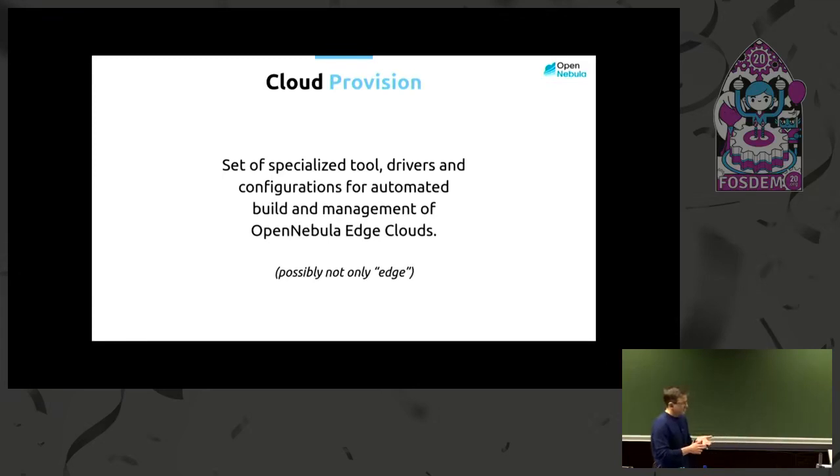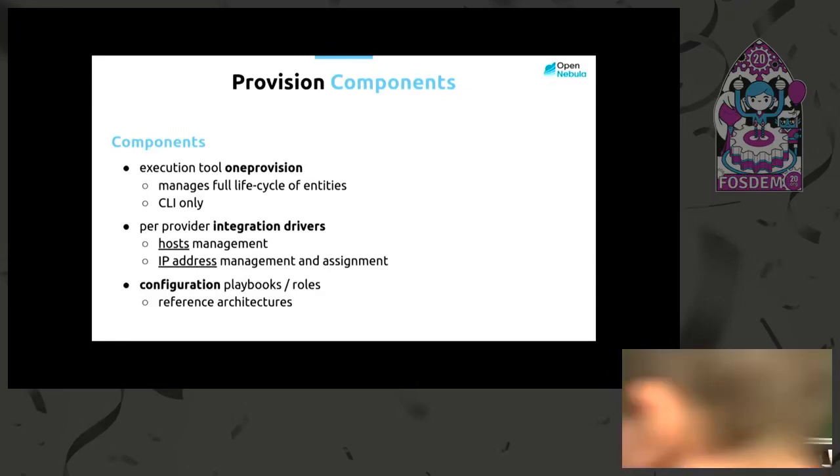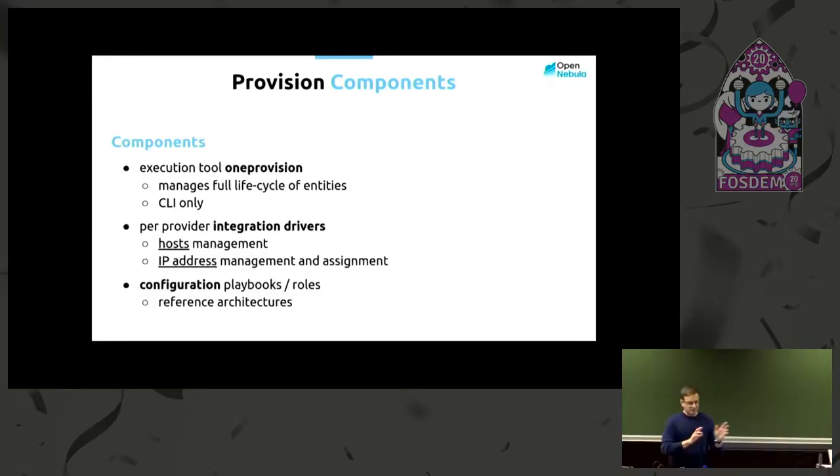Mainly we target edge clouds, but possibly it doesn't have to be only edge clouds. So once again, it's one provision tool which manages the whole life cycle of this edge cloud. It's command line only. Then we have some kind of integration drivers. When some third party or provider is selected, there need to be two kinds of drivers.